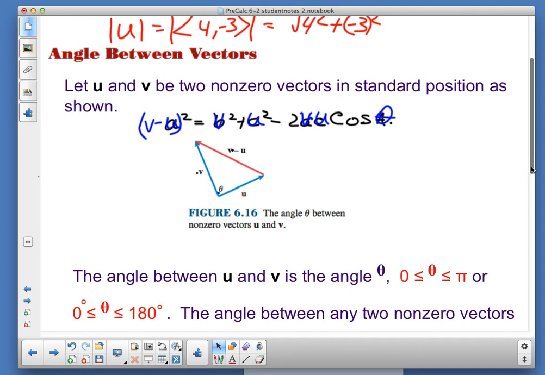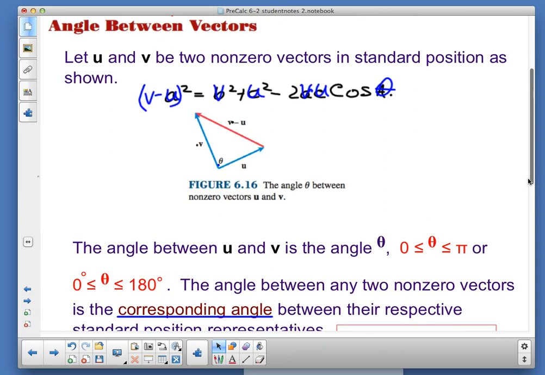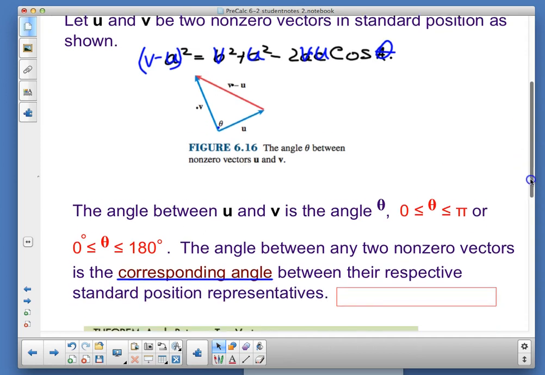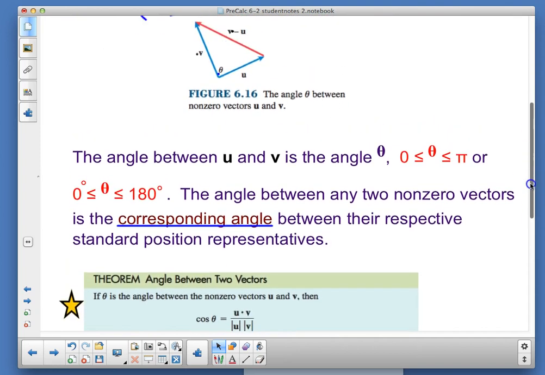The angle between u and v is the angle theta, and 0 is less than or equal to theta, which is less than or equal to pi, or less than 180. The angle between the two non-zero vectors is the corresponding angle between their respective standard position representatives. Now, here's the thing.